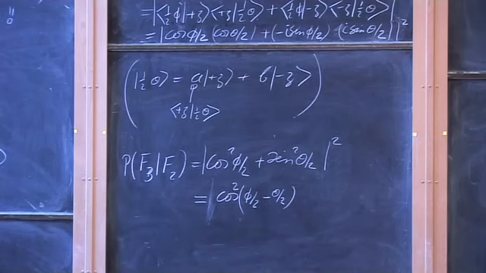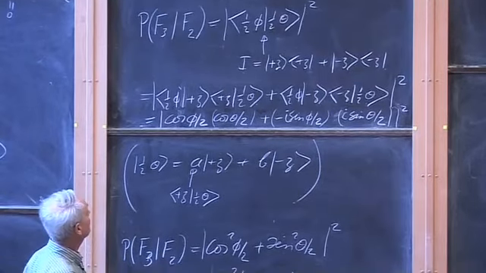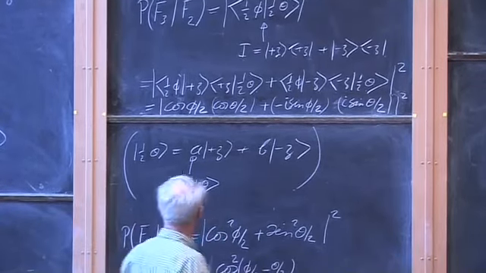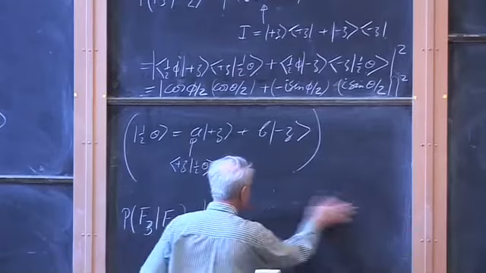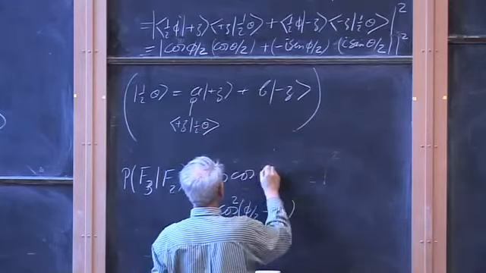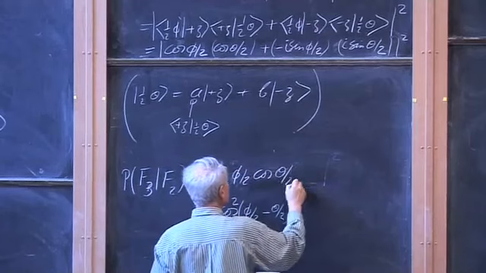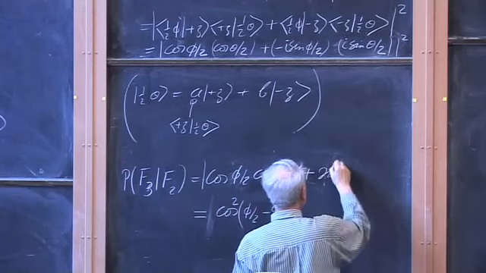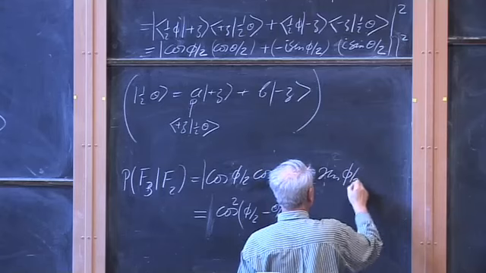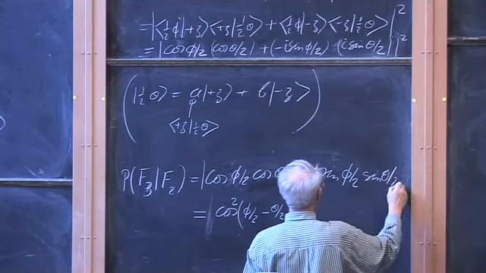Professor, how exactly did cos phi over 2 cos theta over 2 become cos squared phi over 2? Oh, gosh, yeah, sorry. You're completely right. Right. So let's go back to this line here. This was cos phi over 2, cos theta over 2, plus sine phi over 2, sine theta over 2.